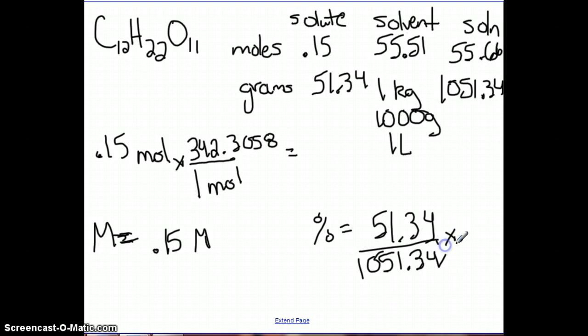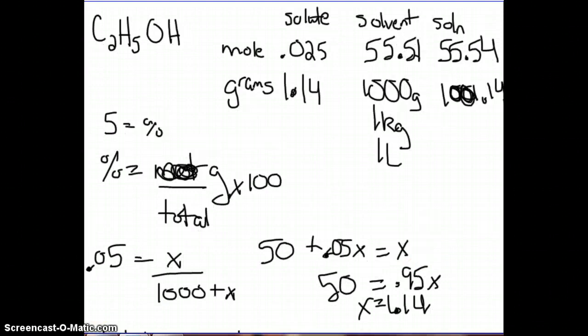And then we're going to times that by 100. When we do that, we get 4.88%. So let's go add that to our chart.